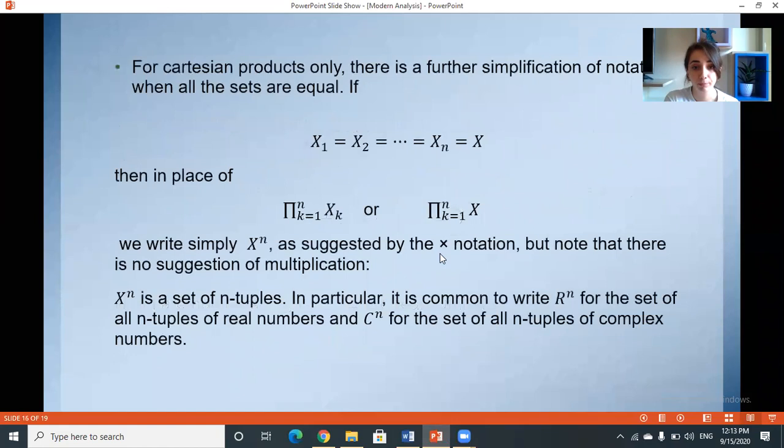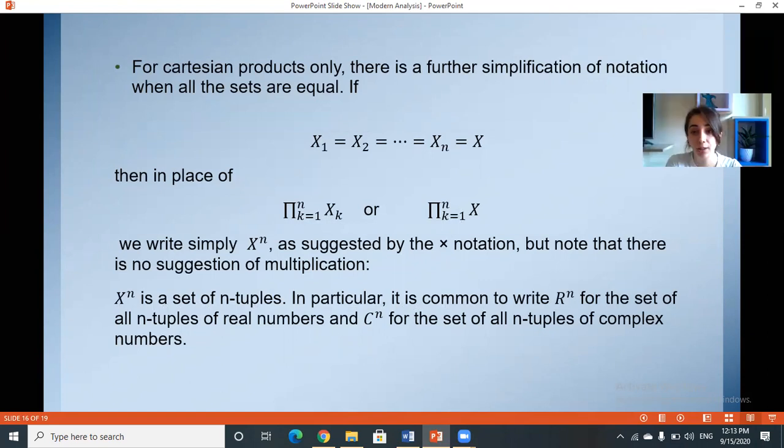And for Cartesian products only, there is a further simplification of notation when all the sets are equal. Okay, if we have n equal sets from x1 to xn, you see here, all sets are equal.